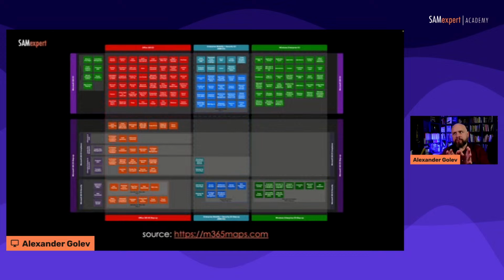There's a website called Microsoft 365 Maps, m365maps.com. You can open it in your browsers now. Go and have a look, because I don't know a better resource to understand what exactly, down to every single tiny component, is included in which plans.